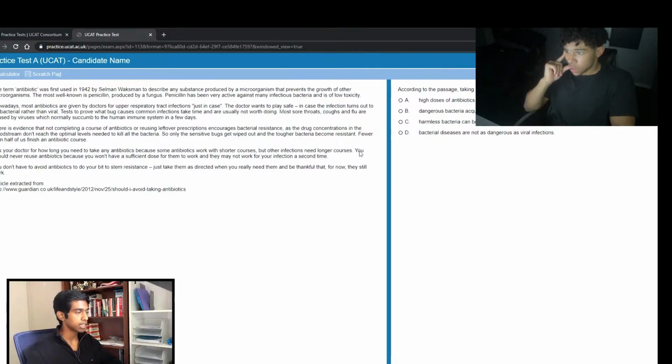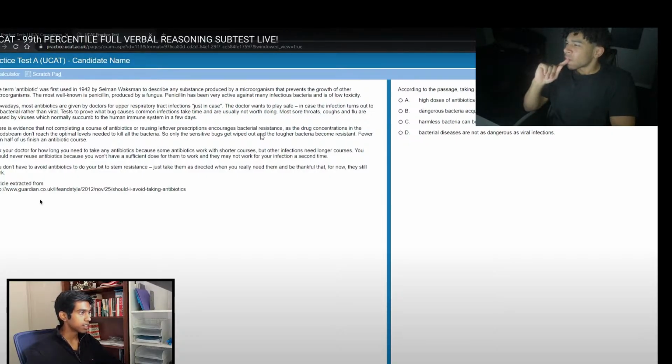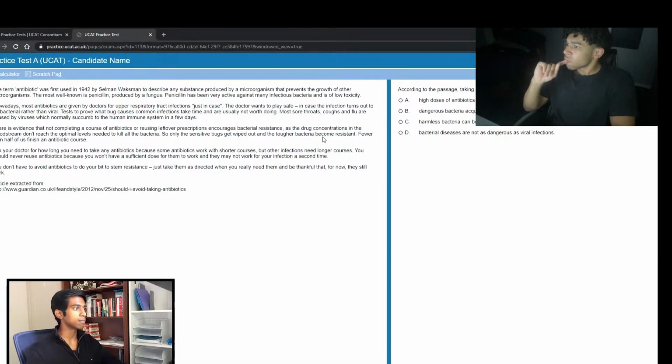But other infections need longer courses. You should never reuse. I think we also read about sensitive bugs getting wiped out and tougher bacteria becoming resistant. So it's not A. There's nothing about that. Could be C, but it's about resistance, not more infectious. I think it'll be B.